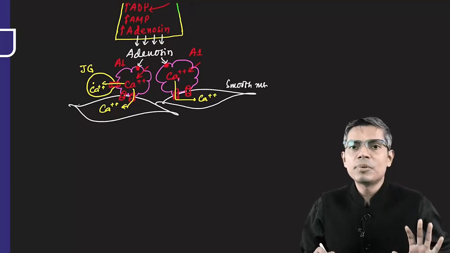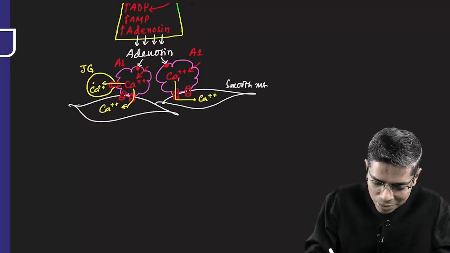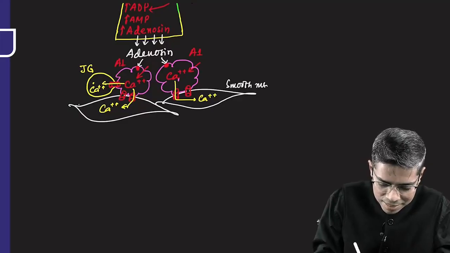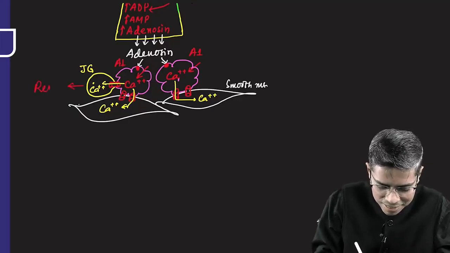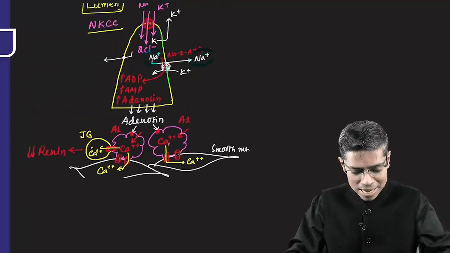Now, if there is increased amount of calcium inside the JG cell, what will happen to the renin secretion? Renin secretion will be decreased. Getting my point?